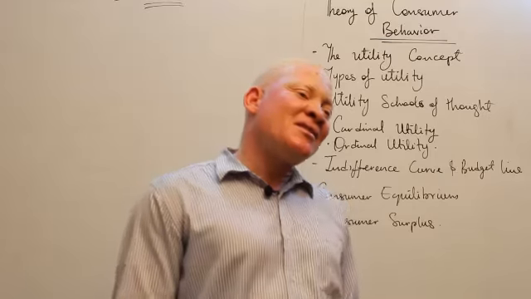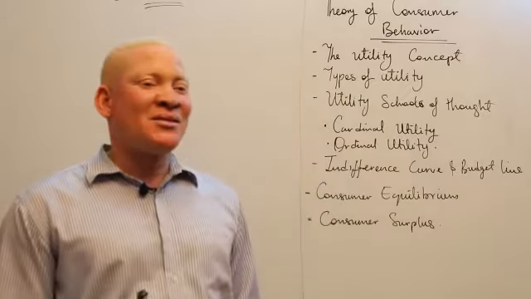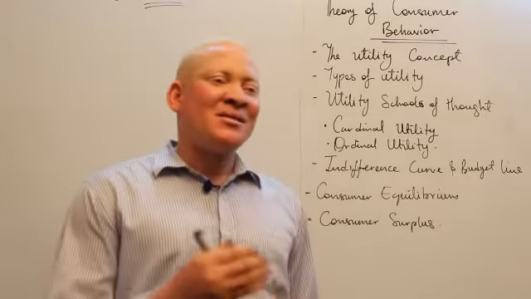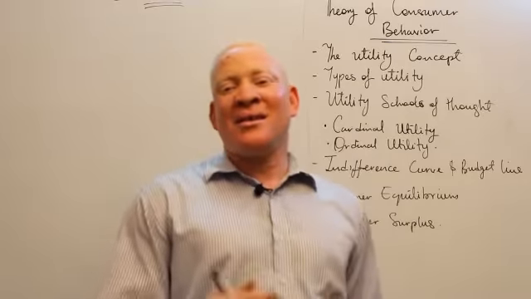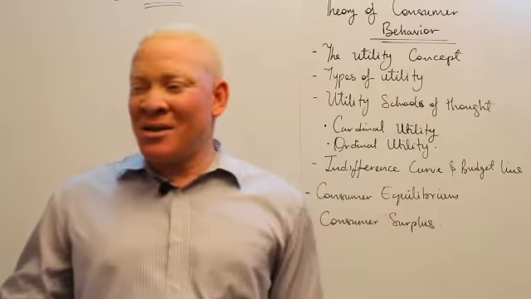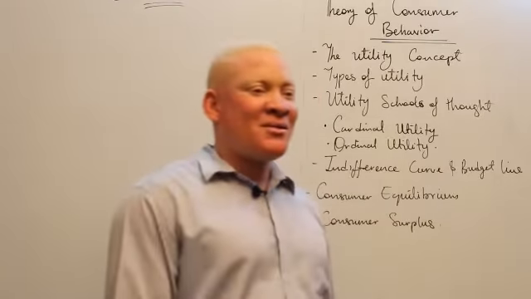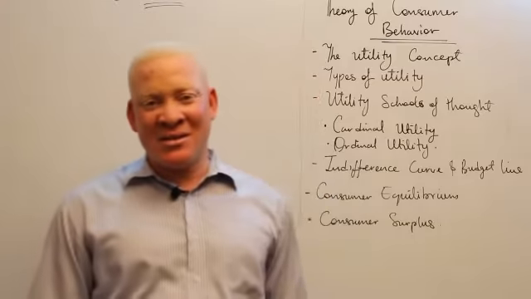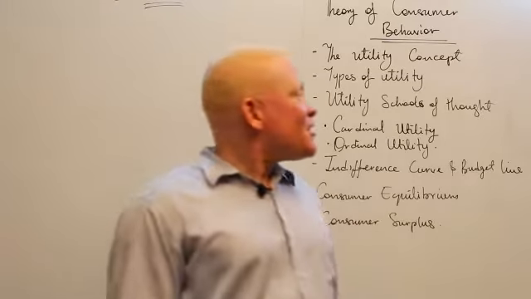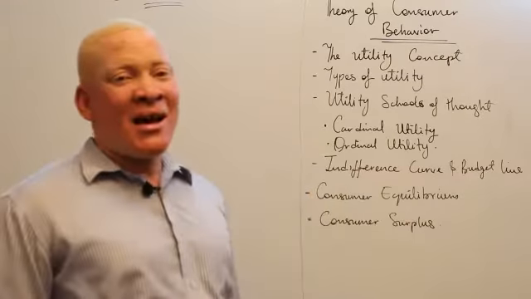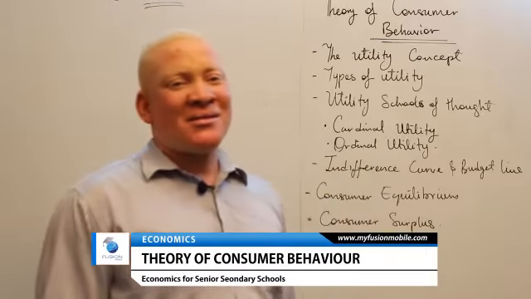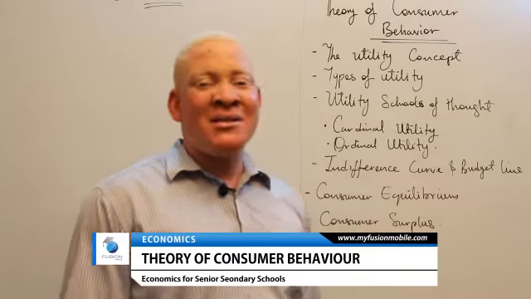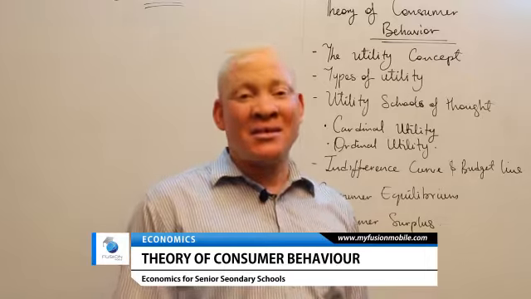Meaning that when he has not decided on his preference, or when he is not okay in the relationship between what he has to spend and what he has to gain, then he cannot make a decision. So the theory of consumer behavior looks at how the consumer arrives at what he does, and how he eventually demands something or makes a choice.